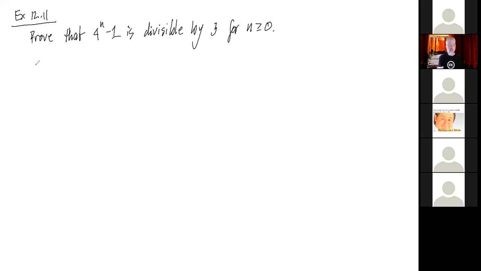Now, we had started this off on Friday. I'm actually going to redo the whole thing because I think all we'd done was the base case. And so I'll redo the base case, and we'll talk some about what it means to do the induction step, and then we'll work through the induction step and finish the proof off.